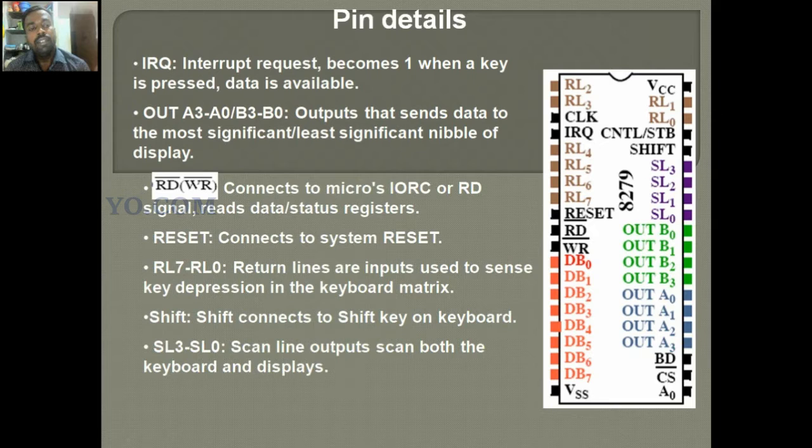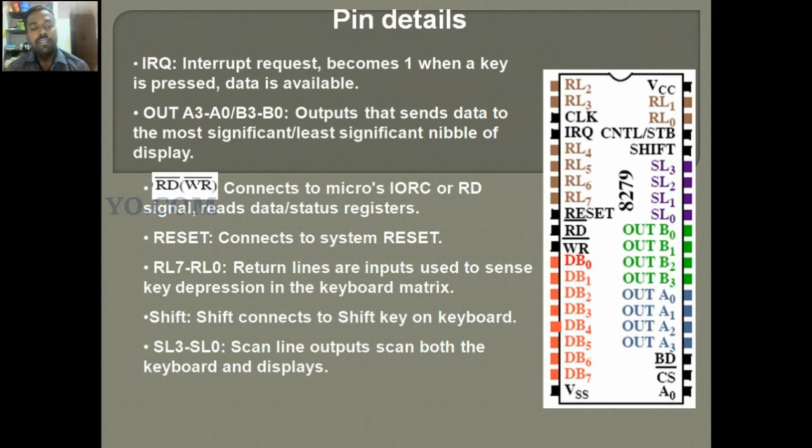Then RD bar and WR bar connect to the microprocessor IORC or RD signal that is used to perform read and write of the status and data registers. Then reset is connected to the system reset, so when this reset is enabled, all the registers are set to 0.